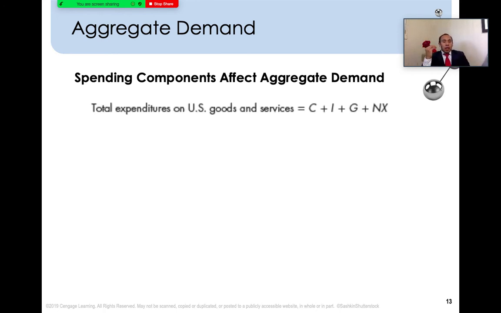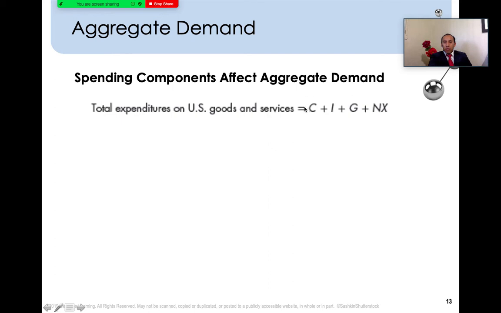Well, the aggregate demand consists of the total spending on goods and services in an economy. In this case, we have the U.S. economy. So we're going to derive the aggregate demand, the total expenditure on all goods and services, as the aggregate demand curve.